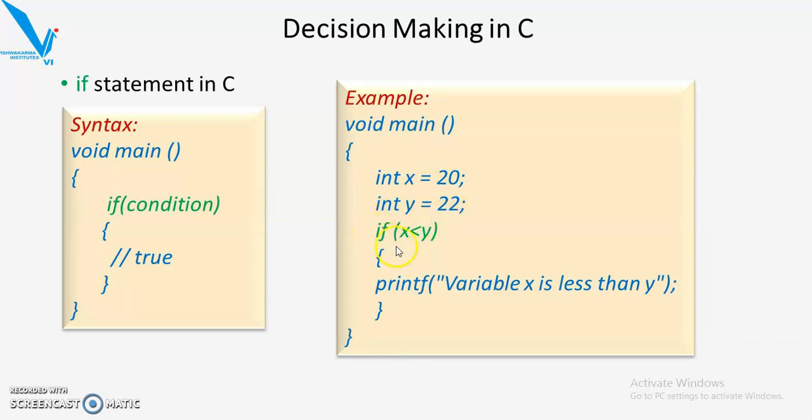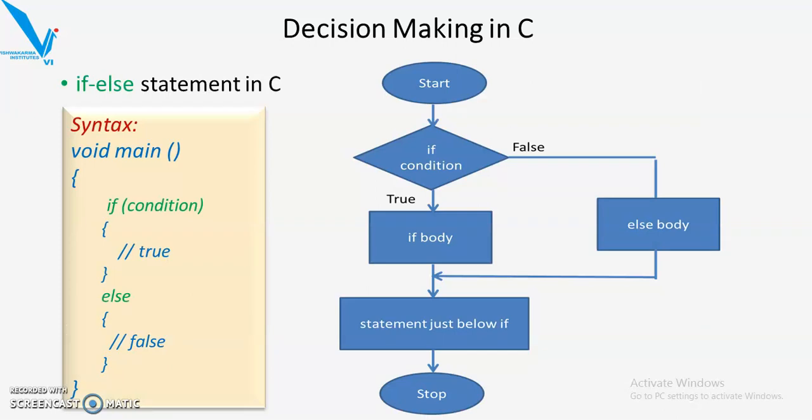Now we have the if condition, that is, if x is less than y, that is 20 is less than 22. If yes, the condition is true, and the body inside this if is going to be executed. So we will get the output, that is, variable x is less than y. That is the example of the if statement.